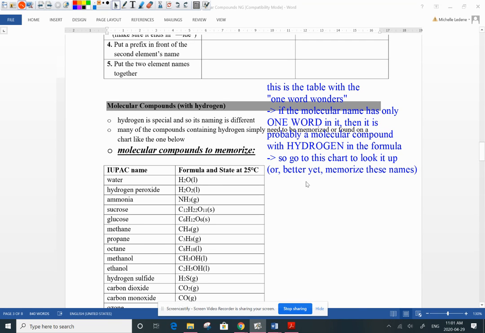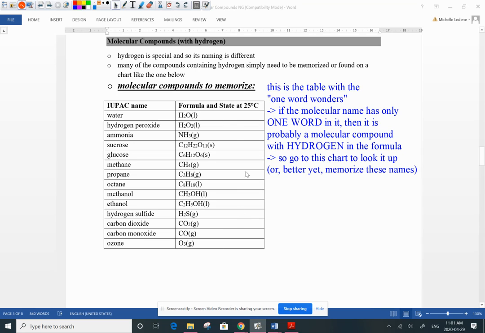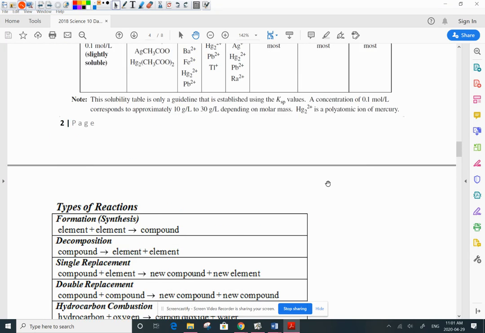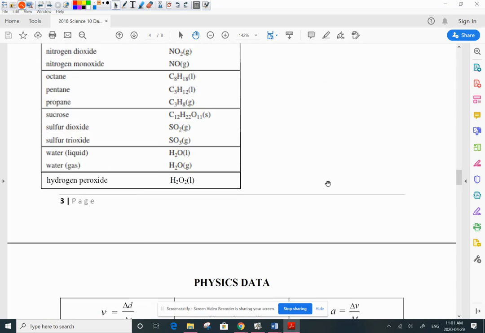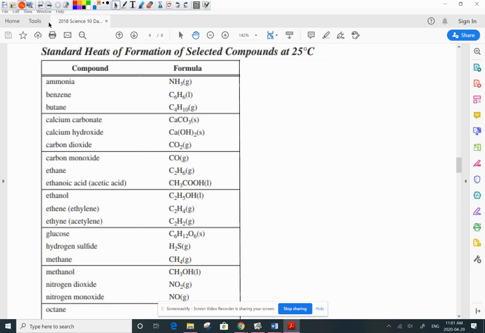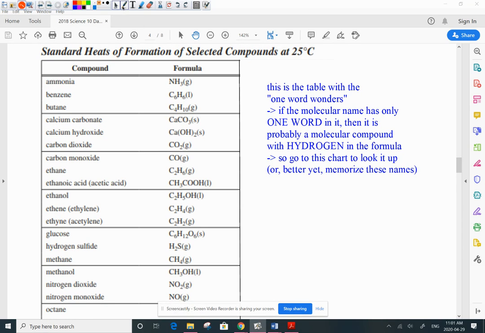Okay, and so in your notes guide is the table with the one-word wonders, but you also have a table in your data booklet. So here's the table in your data booklet, and it is on page 3. Like I said, a lot of these one-word wonders are molecular compounds that have hydrogen in them.